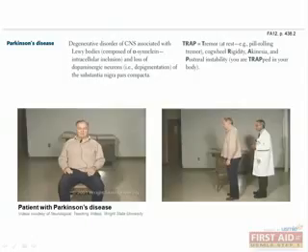Now let's consider Parkinson's disease. Parkinson's is caused by a loss of the dopaminergic neurons in the substantia nigra. It is a bradykinetic movement disorder. Let's watch a video of a patient with Parkinson's disease.